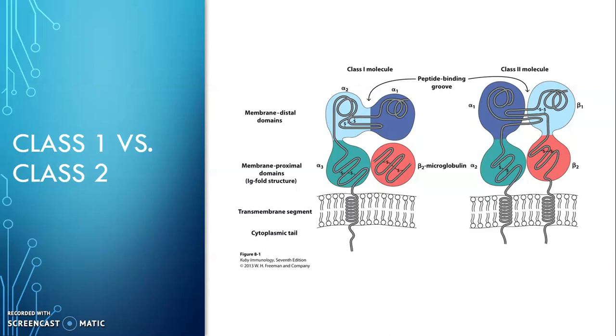For class 2, this is expressed on antigen-presenting cells, such as macrophages, dendritic cells, and B cells. The difference is this exogenous pathway, which presents peptides to CD4 T helper cells.